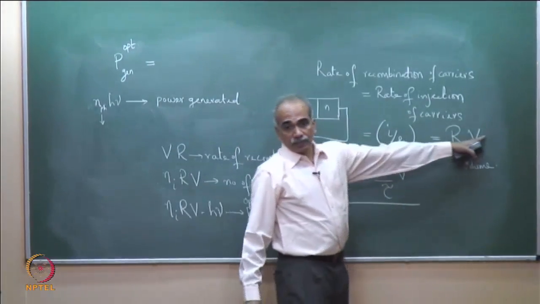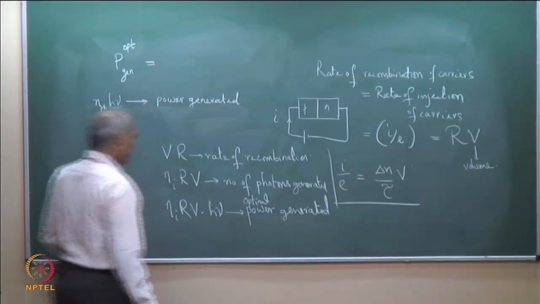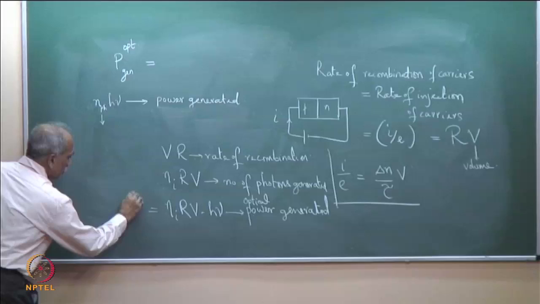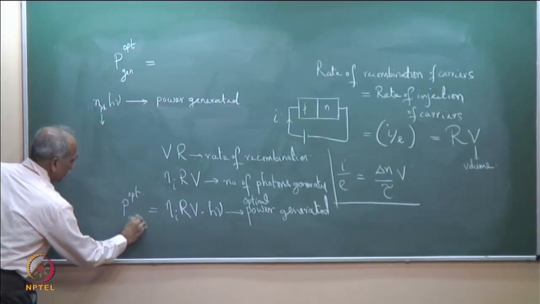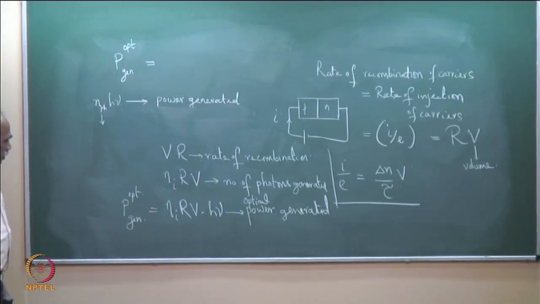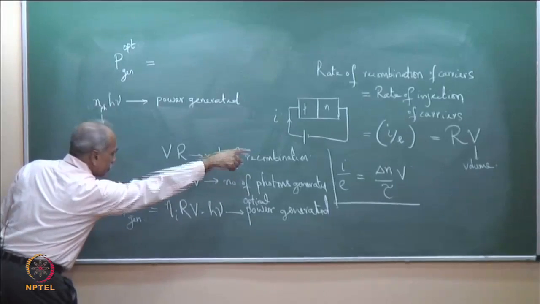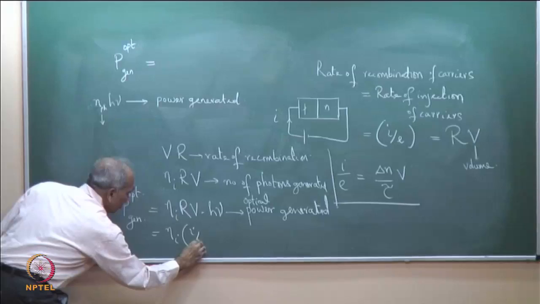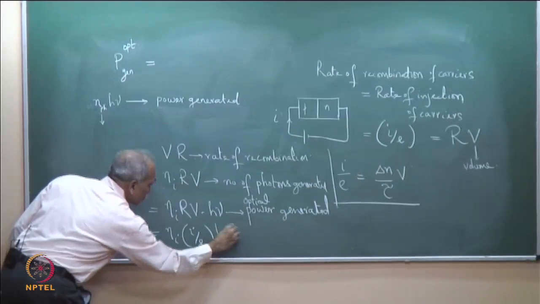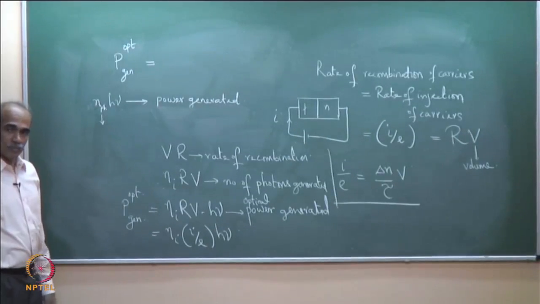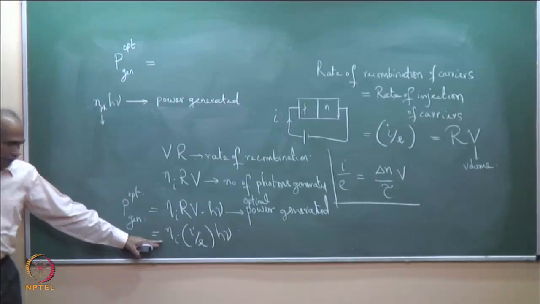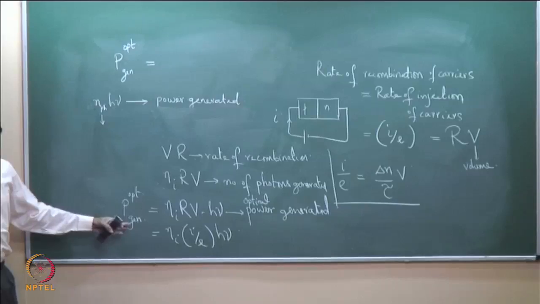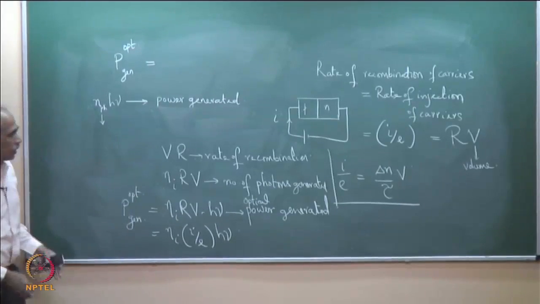R into V is equal to I by E. So, this is equal to P optical generated. RV is replaced by I by E. So, eta I into I by E into h nu is the optical power generated, P optical.